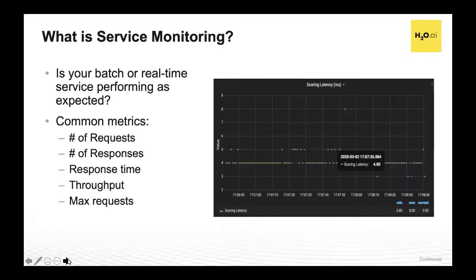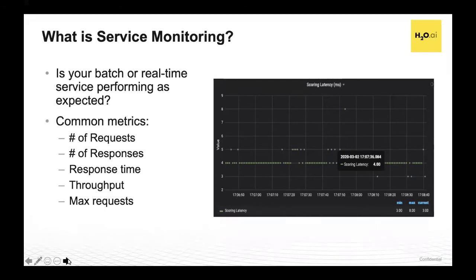And then how many requests are we responding to, let's say per minute or per second, depending on what your service is trying to accomplish. And then you'd like to see that over time, so you can see, well, okay, when am I getting the maximum number of requests to the service? This is all very standard IT and software management type stuff, but it's absolutely critical, because if you don't set up your service to respond correctly, it doesn't really matter how accurate your model is.